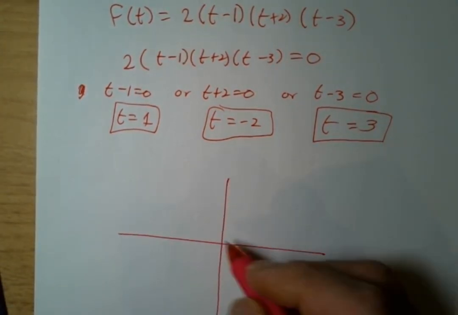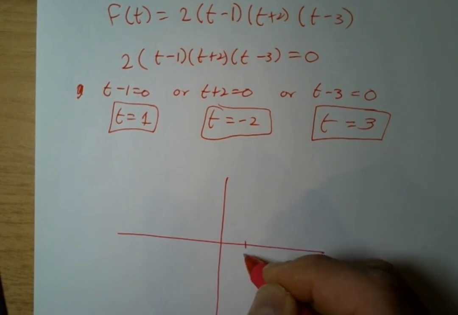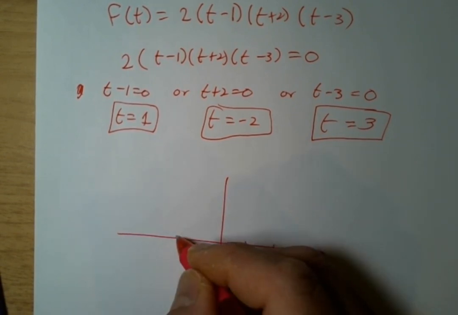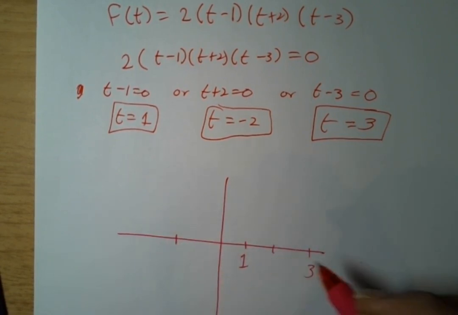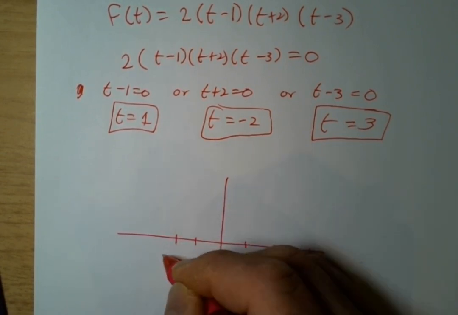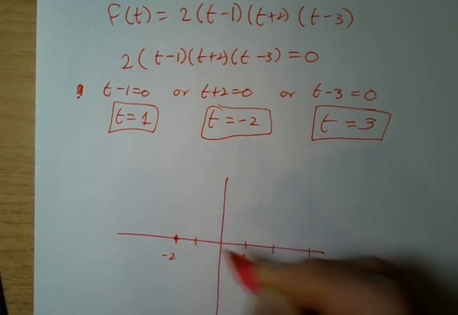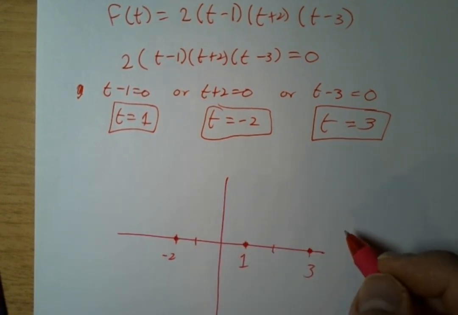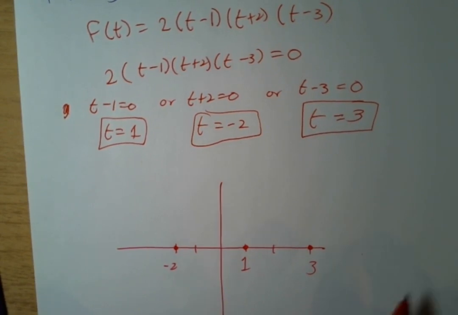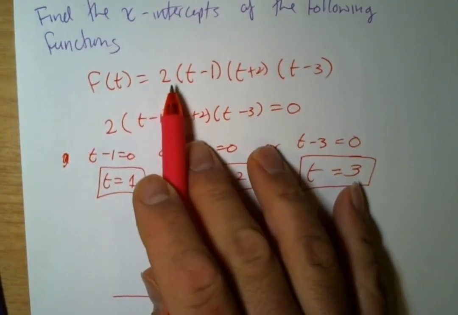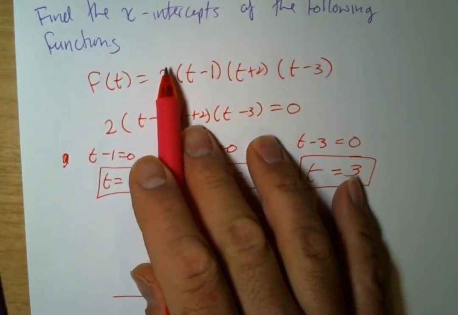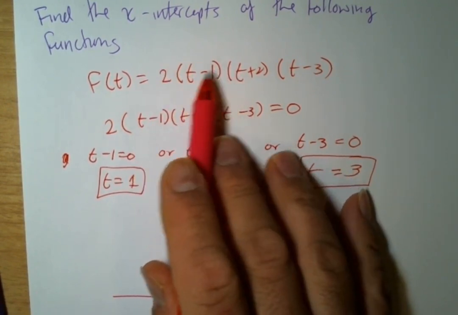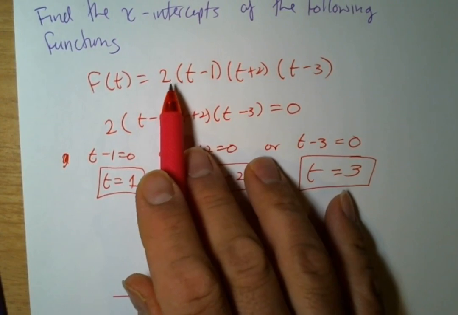So here I know it crosses the x-axis at 1, 3, and -2. Not only that, I know it's a cubic, and the leading coefficient, multiplying this by 2, is a +2.